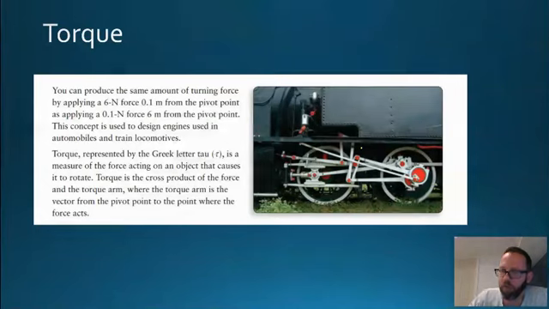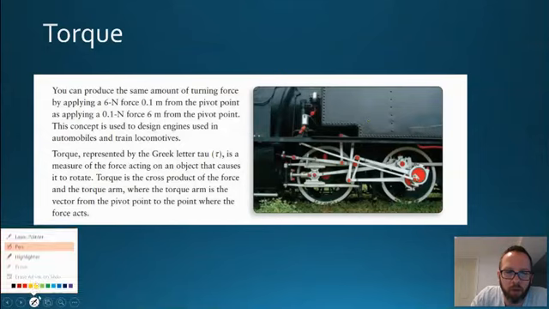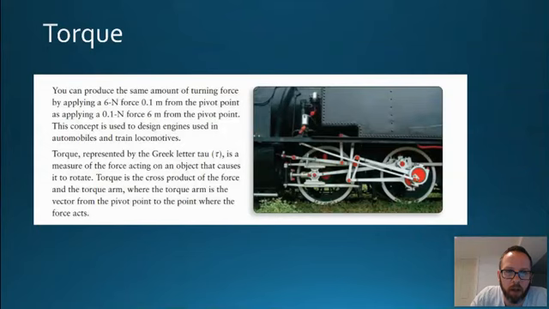Nobody really pushes towards the hinges of the door. It's really hard to open a door that way. So that's the idea. You provide the same amount of torque by applying a small force far away from the pivot point as a large force a little bit away from the pivot point.